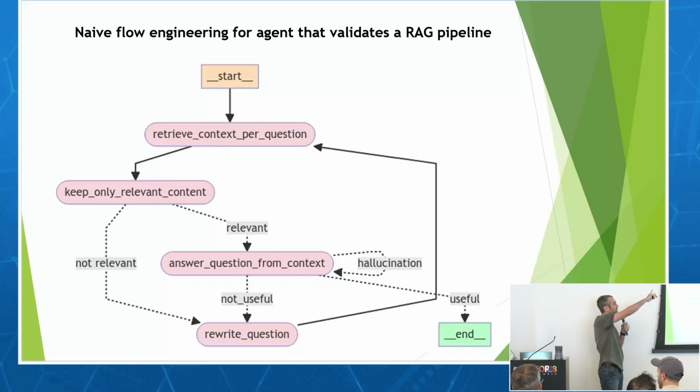Then we can verify whether it's not relevant and then rewrite the question. And if it is relevant, we want to answer the question from the context and verify it's not hallucination. So as long as it's a hallucination, we want to do it again. And if it's not useful, we can again rewrite the question. And if it is useful, we can output the final answer.